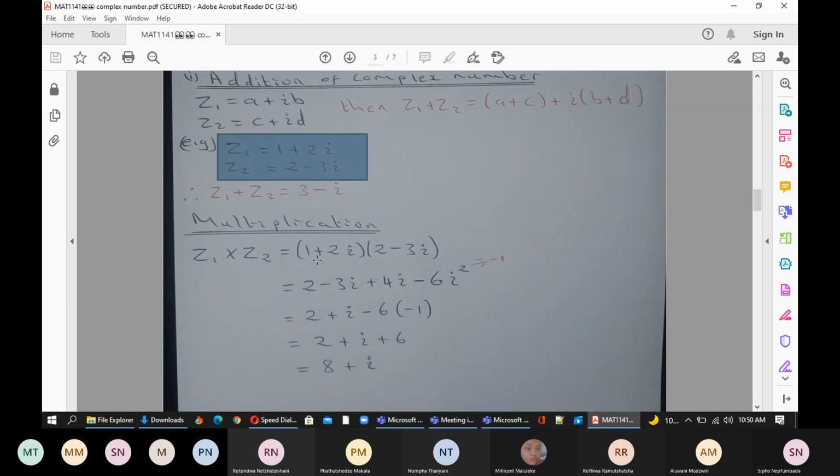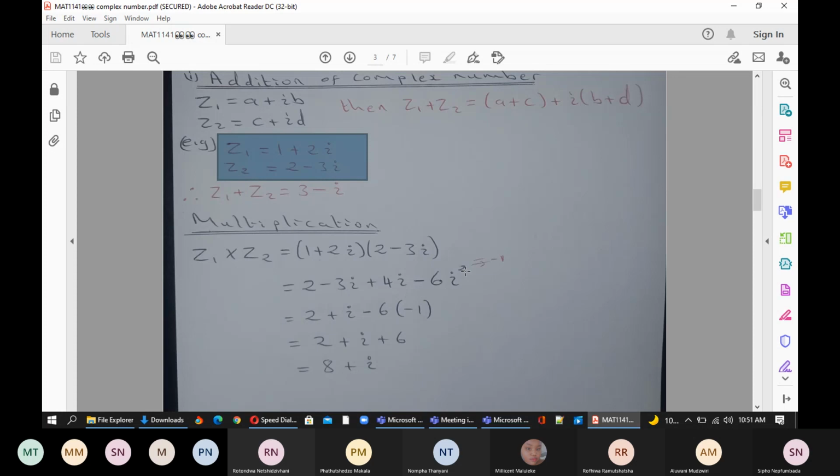We remove the brackets, using BODMAS: first by first, first by second. 1 times 2 is 2. 1 times minus 3i is minus 3i. Therefore, we are done with 1. Now 2i follows. 2i times 2 is 4i. 2i times minus 3i is minus 6i squared.